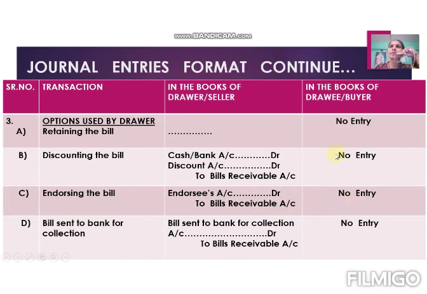And drawee's role is only that he has to purchase goods, he has to accept the bill, and he has to make the payment of the bill, or he will refuse to make the payment of the bill. So after accepting the bill till payment, drawee is not at all concerned with what is happening with that bill of exchange. That's why he is very happy and he is singing a song that there is no entry.